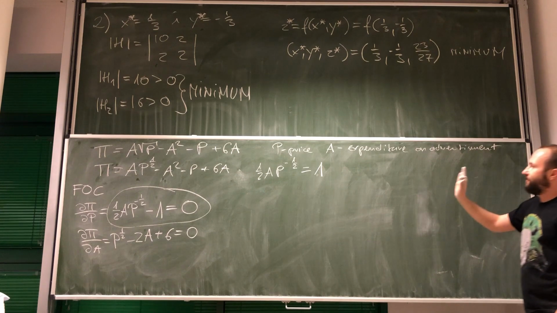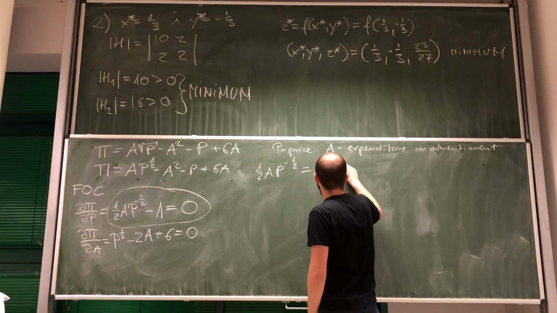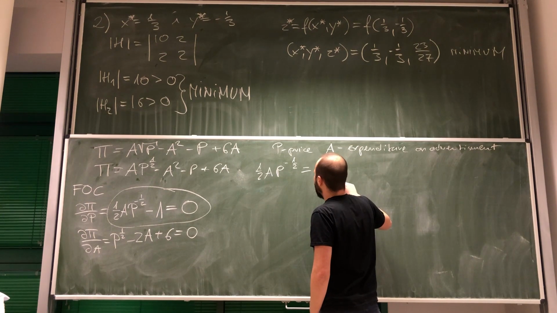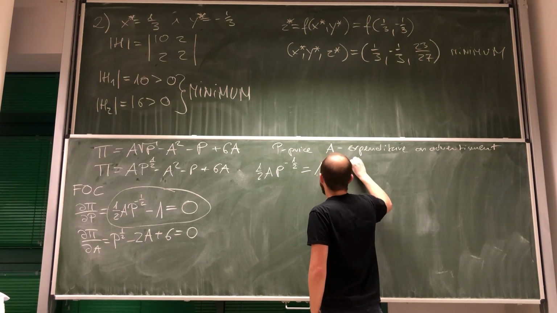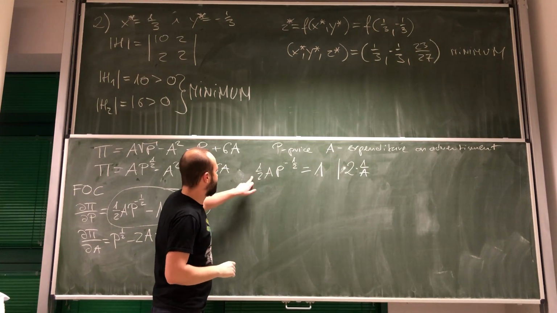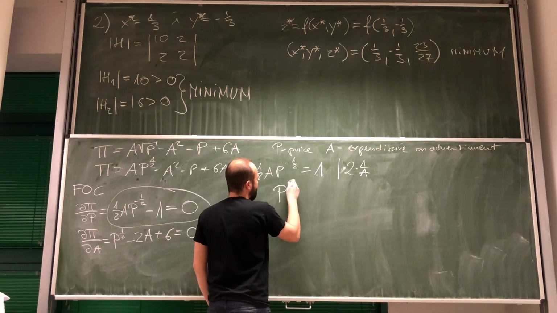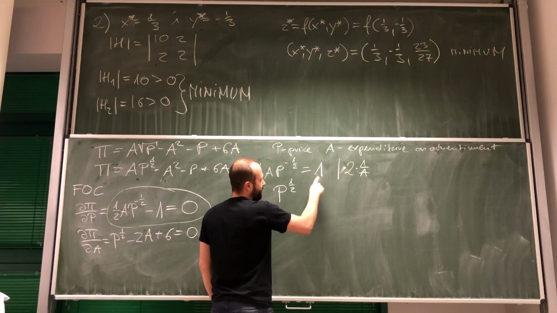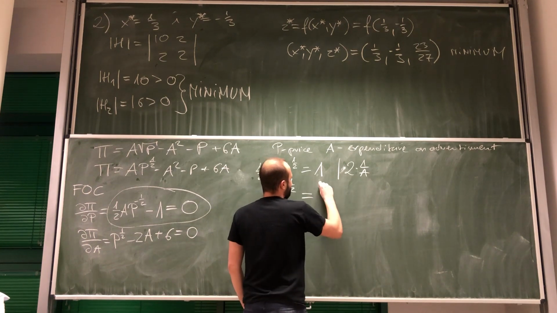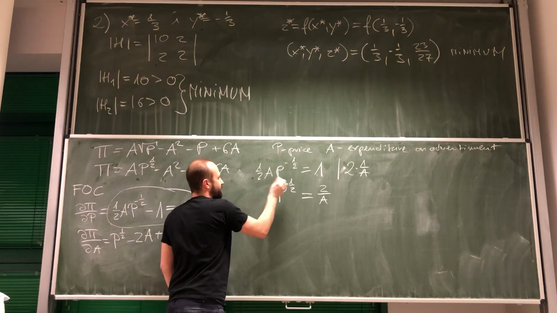So first thing I'm going to do over here is multiply both sides by 2 times 1 over A. So what happens? This part is gone, so we've got P to the power negative 1 over 2 equals, and over here we're going to have 2 over A. Of course, here we've got minus.